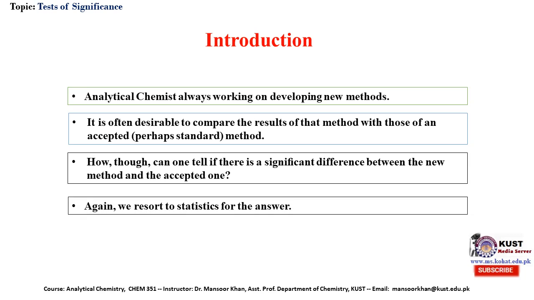So for this purpose we resort to statistics for the answer. We will take help from statistics to decide whether the newly developed method is statistically significant or non-significant. This is our goal of today's lecture.